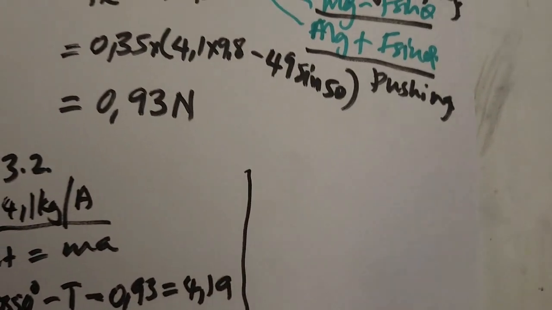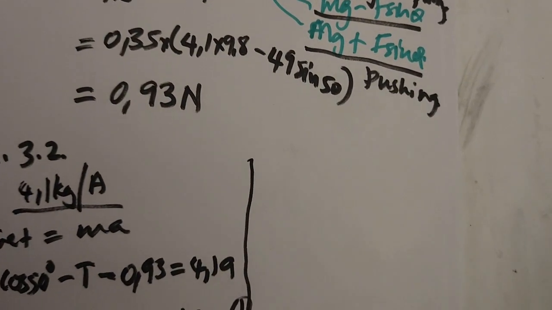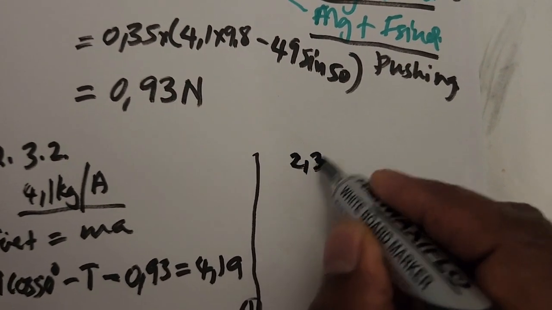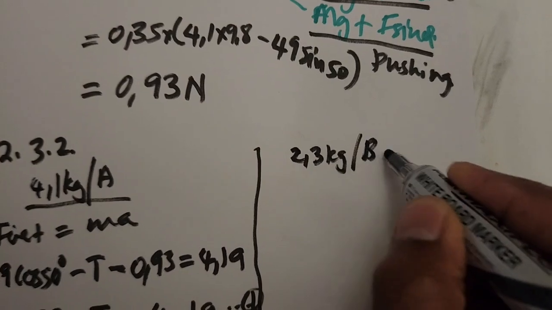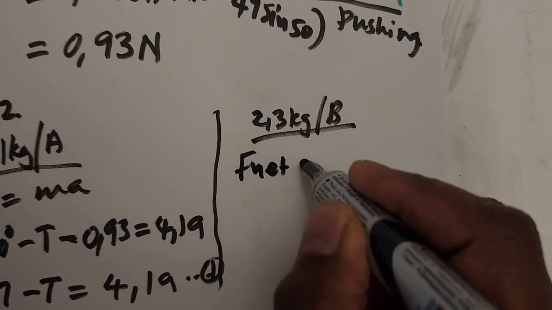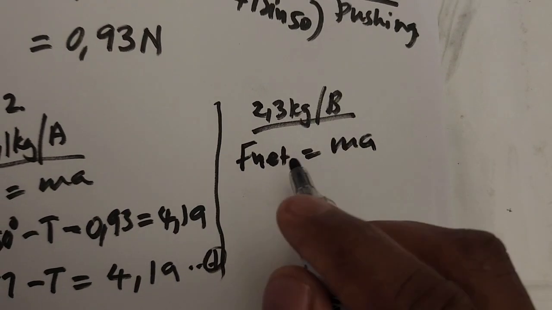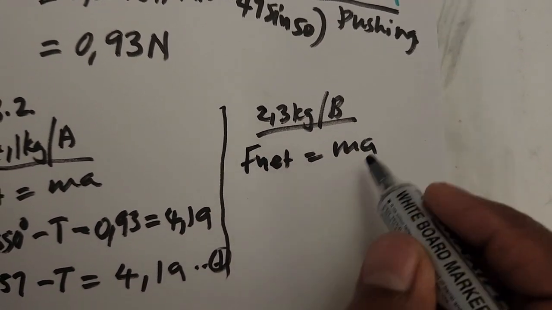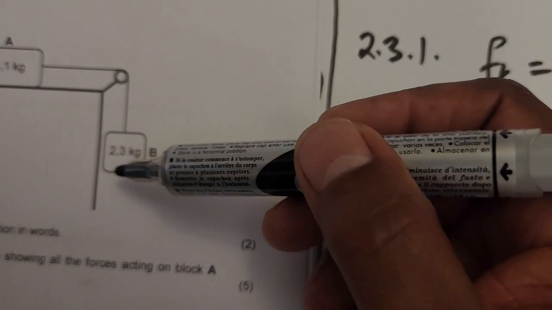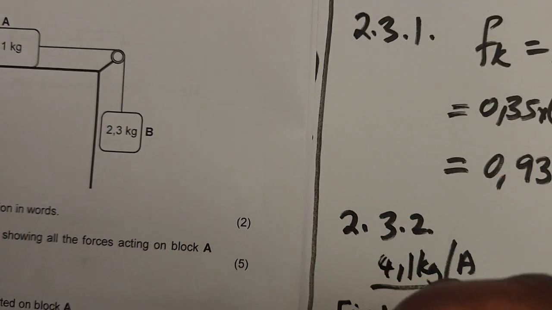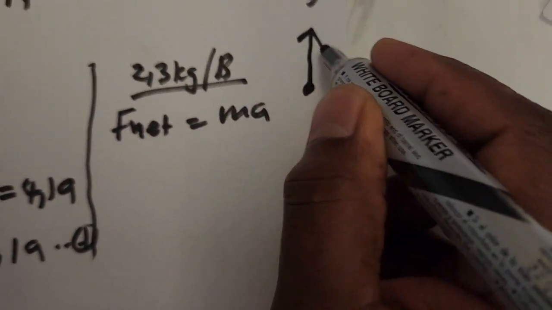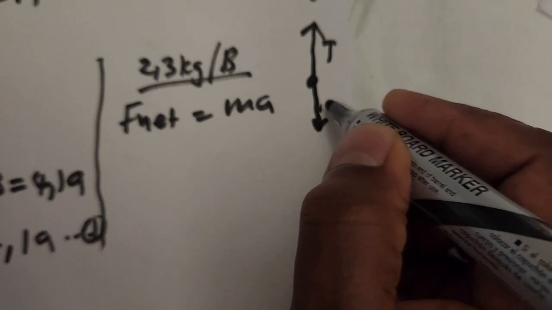Now let's move to the next object, which is block B, or just say 2.3 kilogram of block B. Fine. Now I'm telling the examiner that I'm using Newton's second law. Then, according to this one, there are only two forces. Because the object is accelerating in the direction of tension, there's an upward force, which is your tension, and then the weight is downwards.